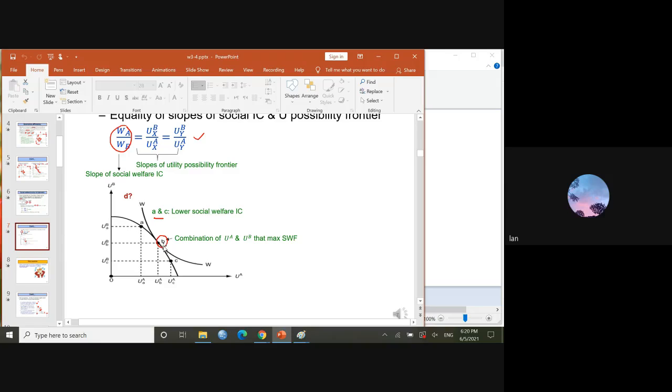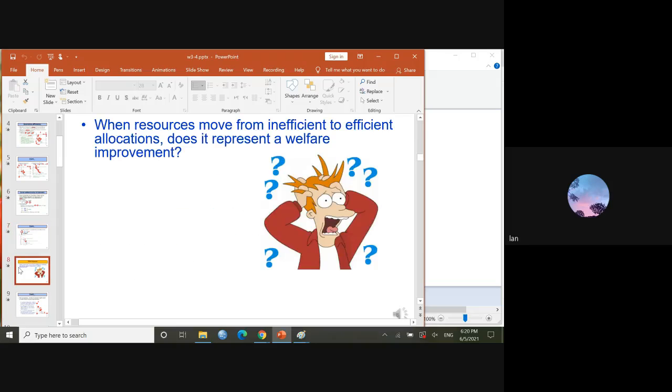So it moved to point B, and B is also efficient. But point B, compared to A, has a higher utility, right? So I think the answer is maybe yes. Okay, we will look at the answer.